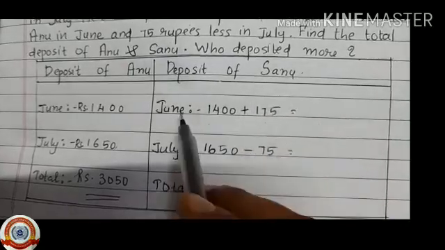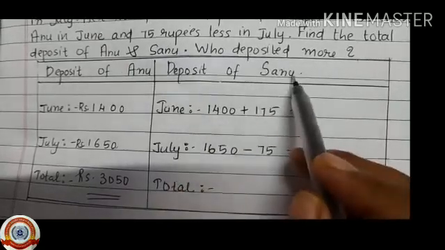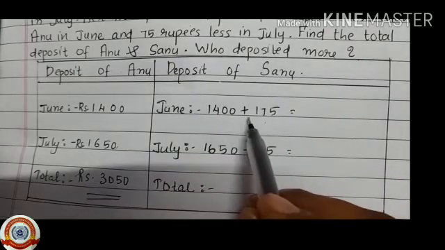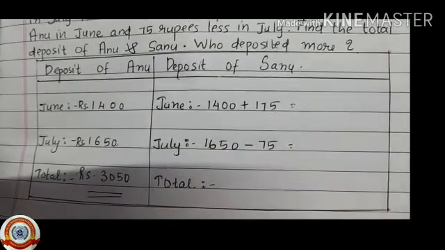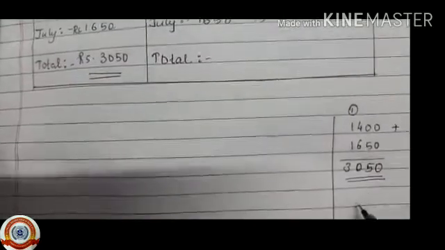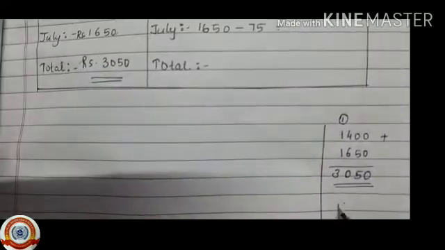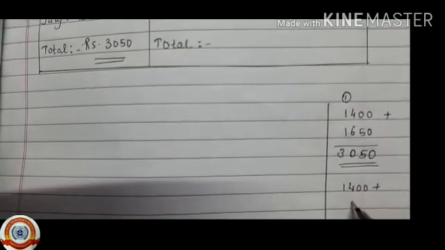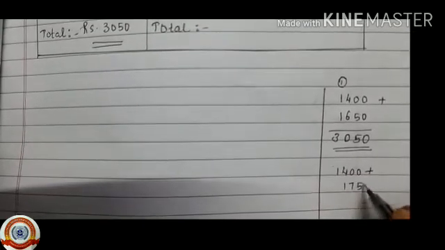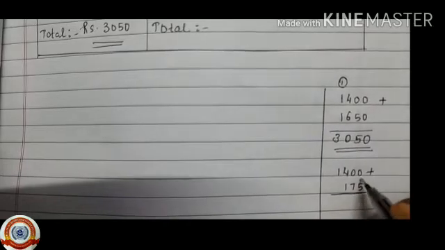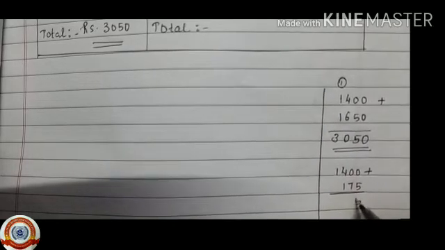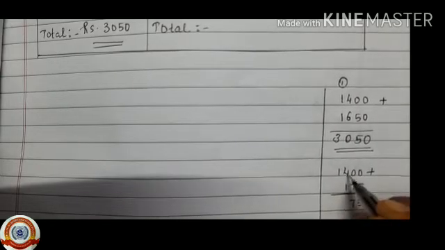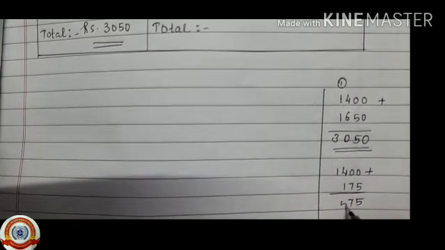So, let's find out her deposit in each month. At first, we have to find the deposit of Sanu in the month of June. To find out that, just add 1400 and 175. That is 1400 plus 175. 0 plus 5, 5. 0 plus 7, 7. 4 plus 1, 5.